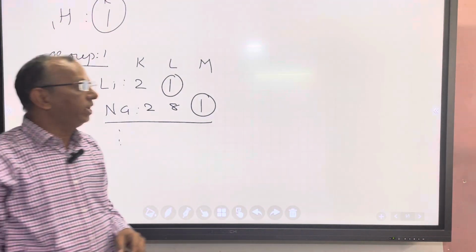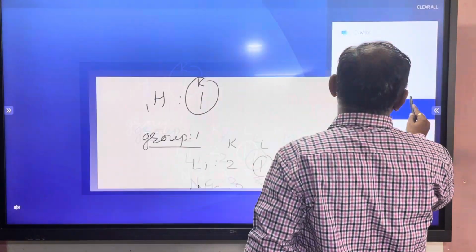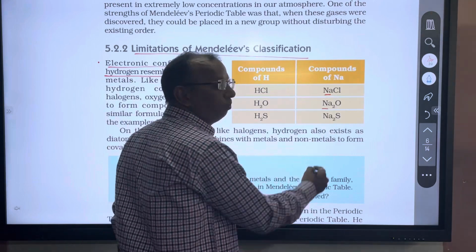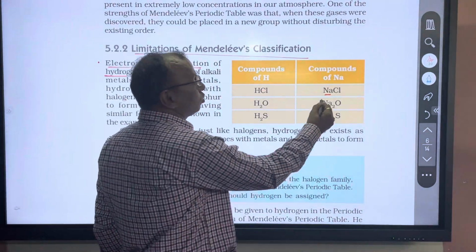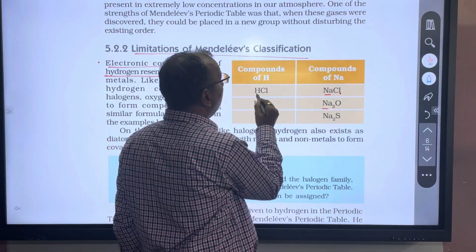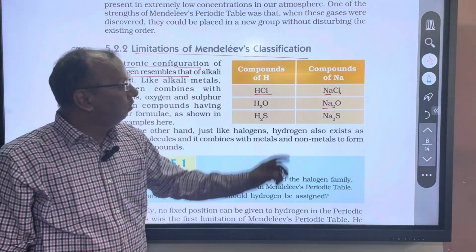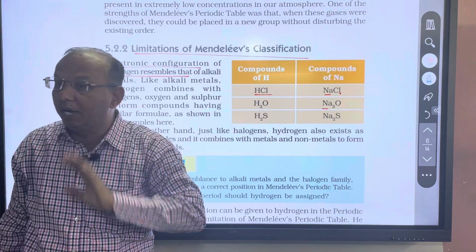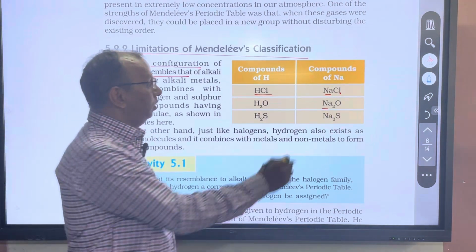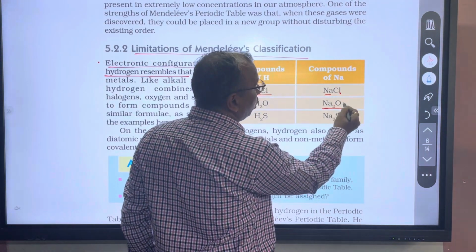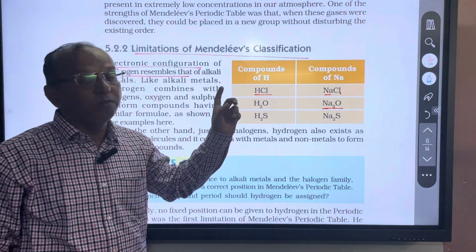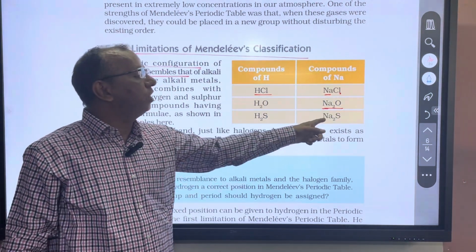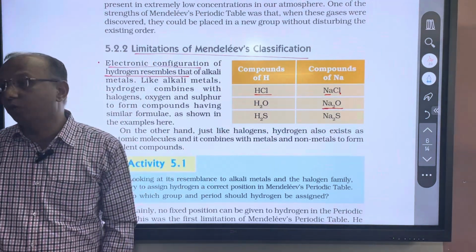If we talk about the second thing, if we compare hydrogen with a group 1 element, sodium is a group 1 element. You can see sodium chloride, and a similar compound we get is hydrogen chloride. One sodium combines with one chlorine, similarly one hydrogen combines with one chlorine. With oxygen, two sodium atoms combine, and here two hydrogen in a water molecule, and with sulfur it is also equal.